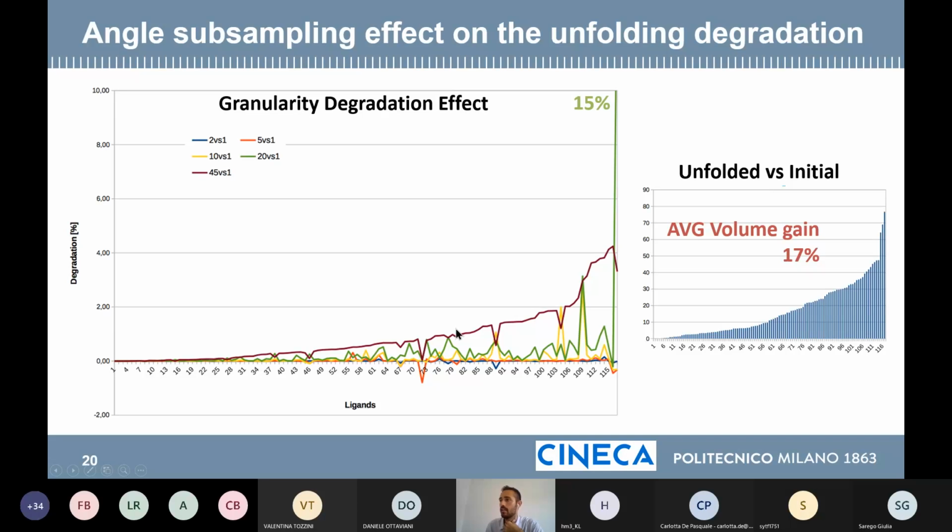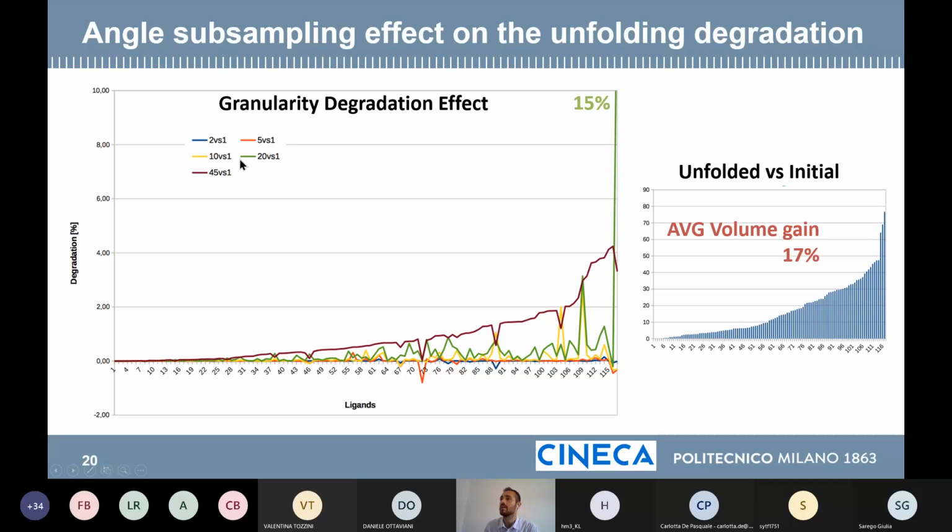If you stay, like us, in the limit where molecules are not the largest of our dataset. As you can see here, there is the degradation, which means how much the volume becomes less precise going from a granularity, a precision of 1 degree versus 45 or versus all these other degrees.